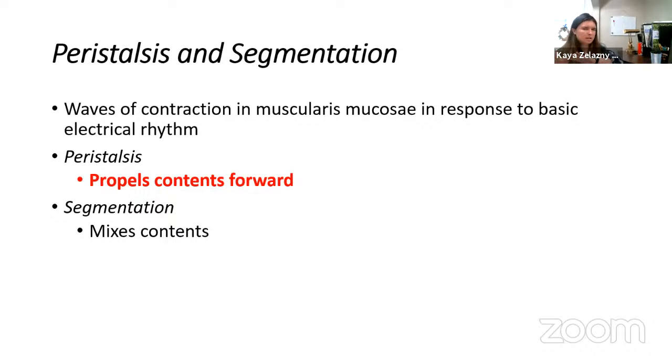We contrast this with segmentation, because when we're thinking about digestion and absorption, we also shake up the contents and keep it in place without moving it forward, but mix it around so that everything comes into contact with the cells lining the gut lumen so that we have the opportunity to absorb any nutrients.